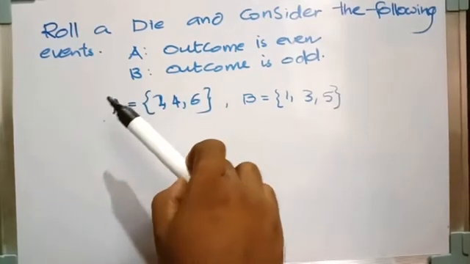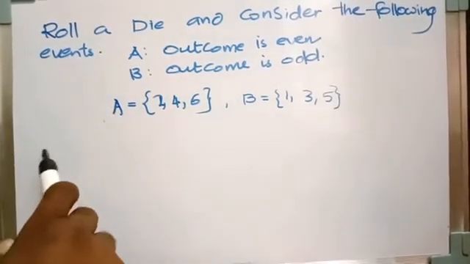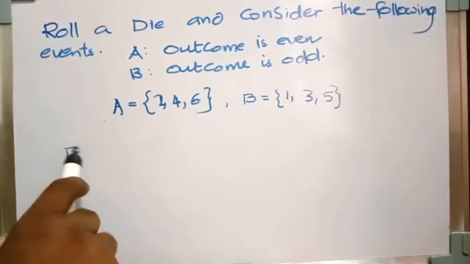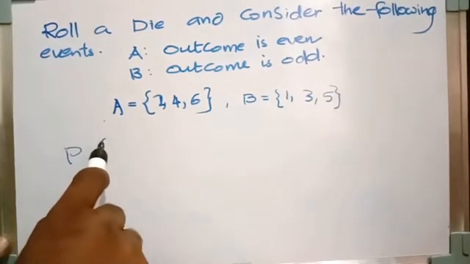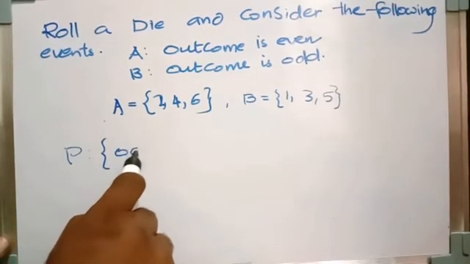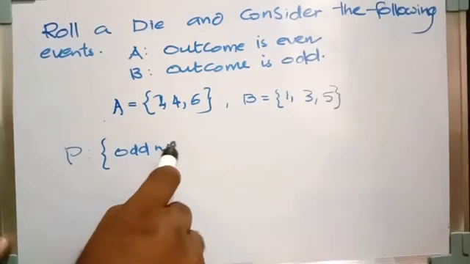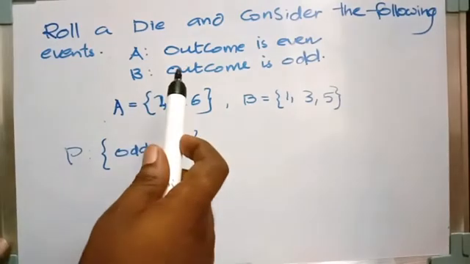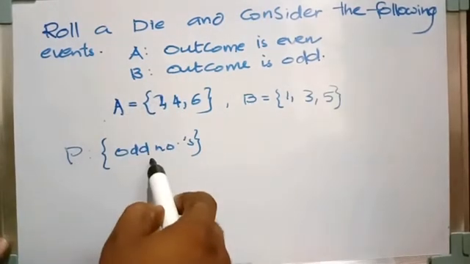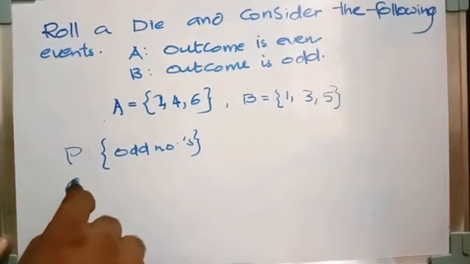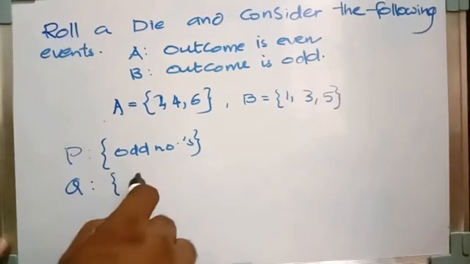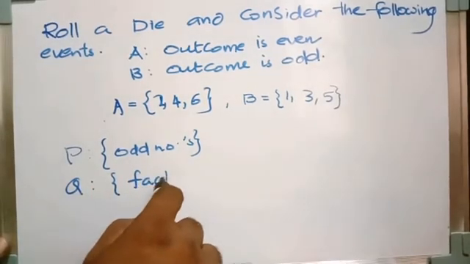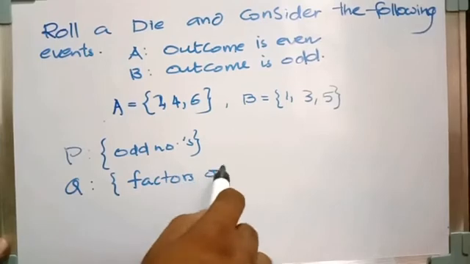Why I'm saying this is, let's take two more events. P is an event, set of odd numbers. After rolling a die, we have P as odd numbers and Q as factors of 5.